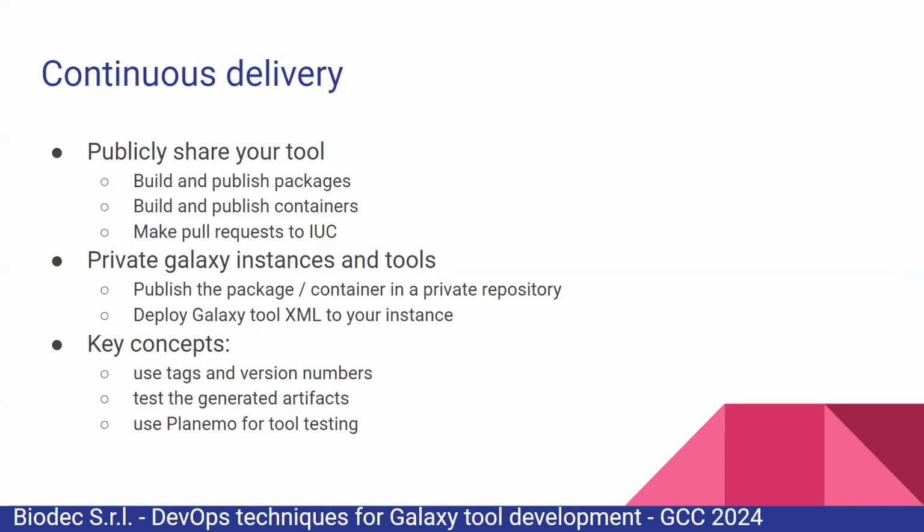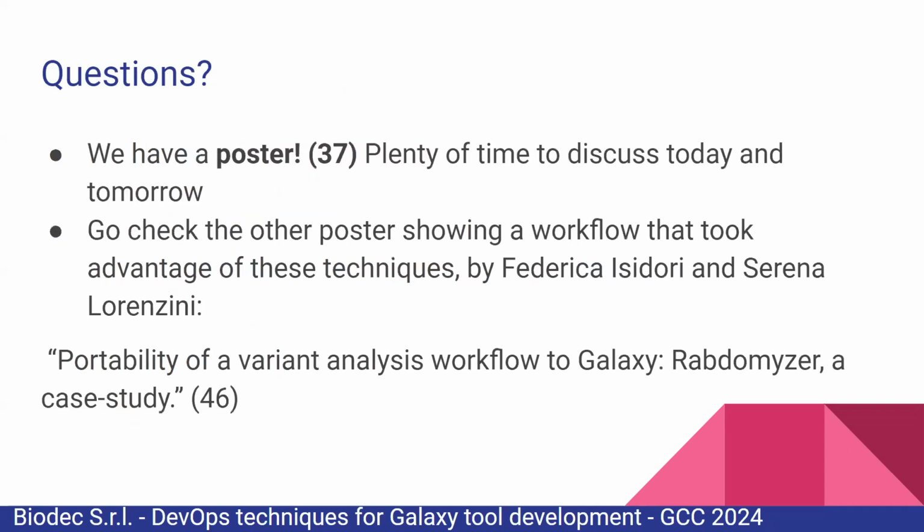Or maybe you want to perform a pull request to the IUC tool repositories, and this can be done automatically. But it requires a bit of organization with using version numbers, tags, and so on.